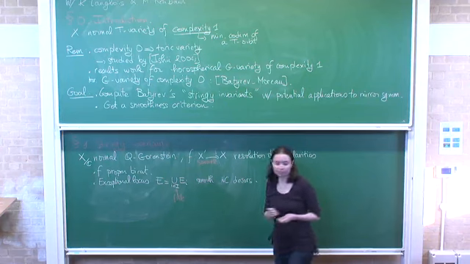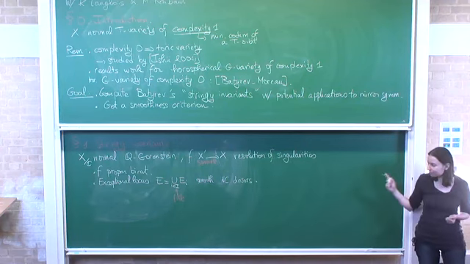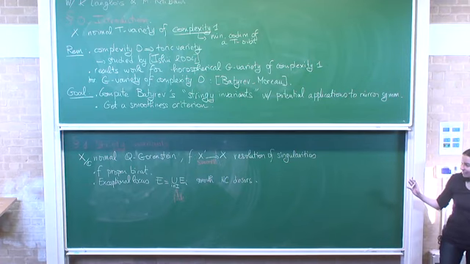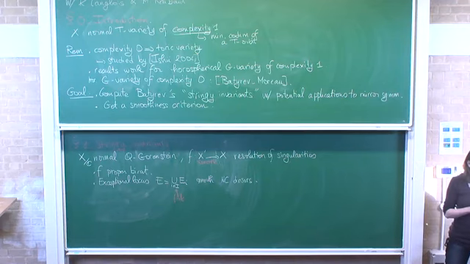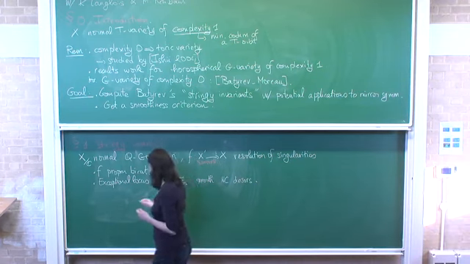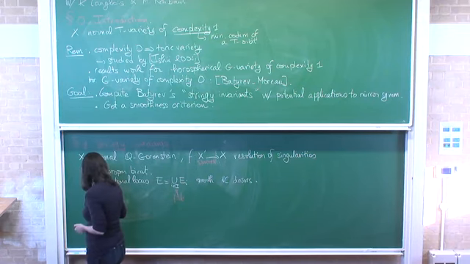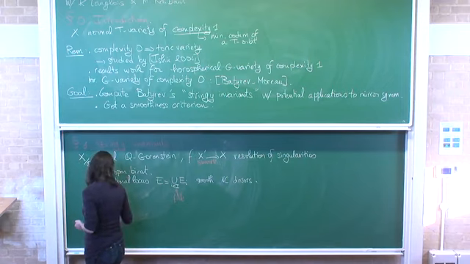With that setup, I can now define what's called the stringy motivic volume. But first, let me write the relative canonical divisor.